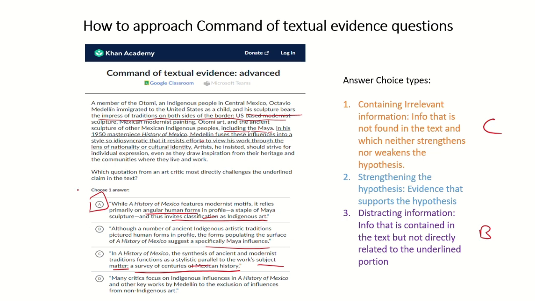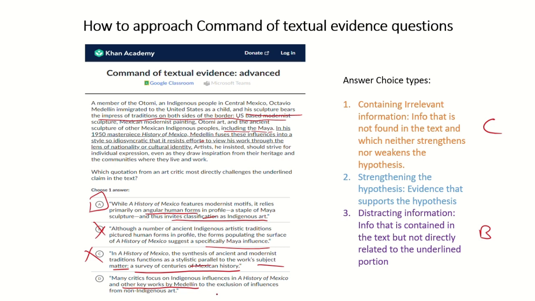Now let's compare A and D, right? So, many critics focus on indigenous influences in A History of Mexico and other key works by Medellin to the exclusion of influences from non-indigenous art. Notice here that it's talking about other key works by Medellin. Again, this is not indicated in the text. It's only focusing on this masterpiece, History of Mexico.